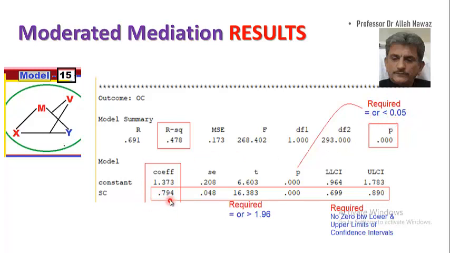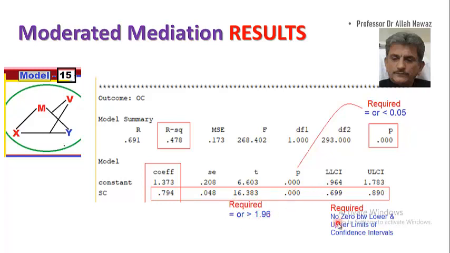Likewise, the coefficient of self-confidence is also huge, 0.794, and it is supported by the statistics. For example, the t-score is 16.3, far greater than the required minimum 1.96.